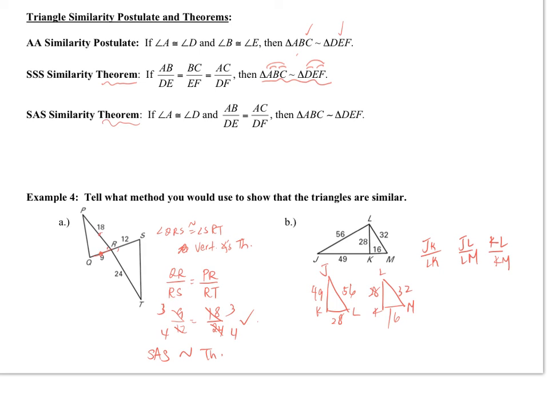JK is 49/28, JL is 56/32, and KL is 28/16. So the ratio is 7:4, so corresponding side lengths are equal to each other. So by the side-side-side similarity theorem, you can prove these two triangles similar.